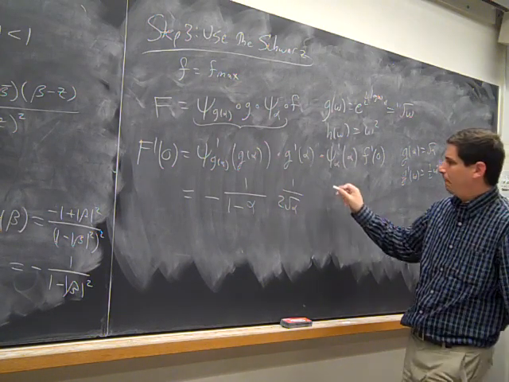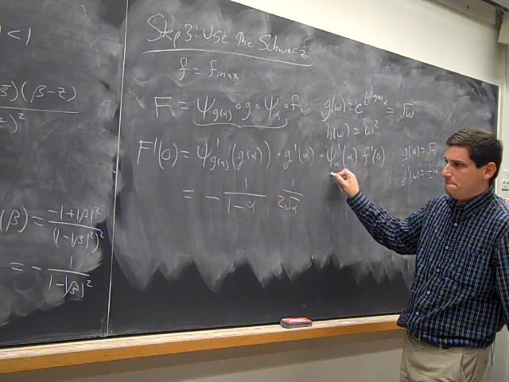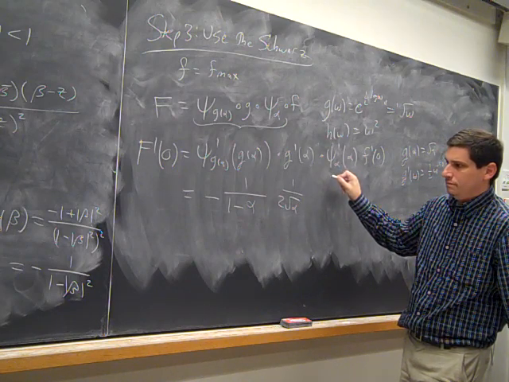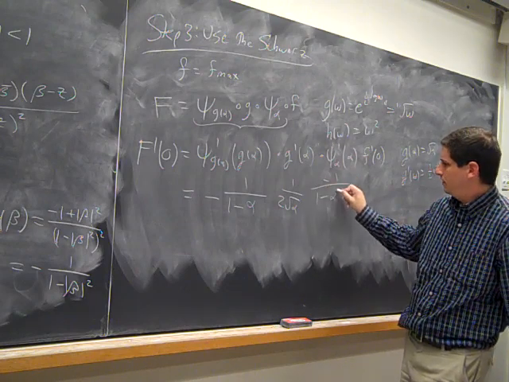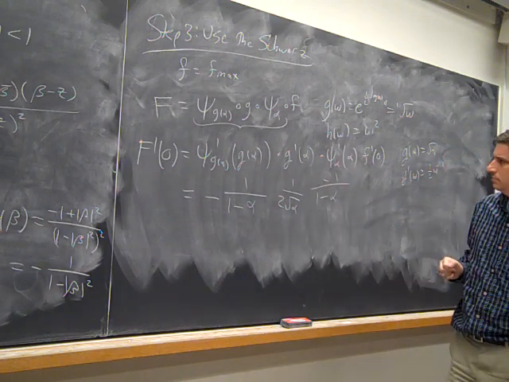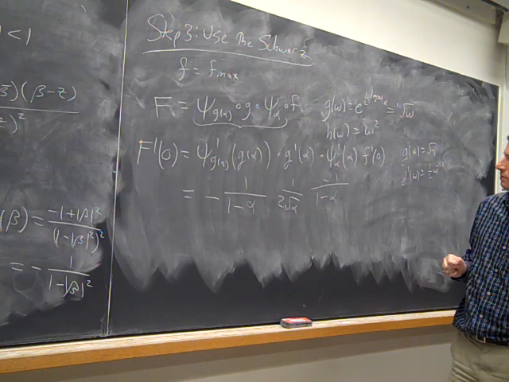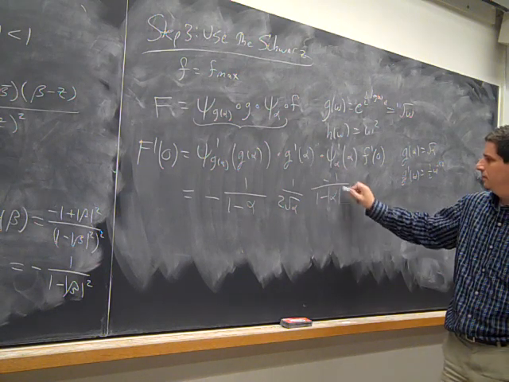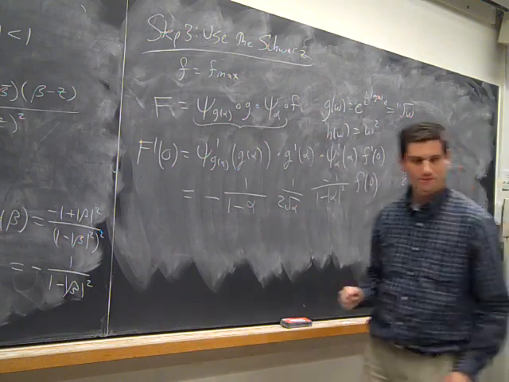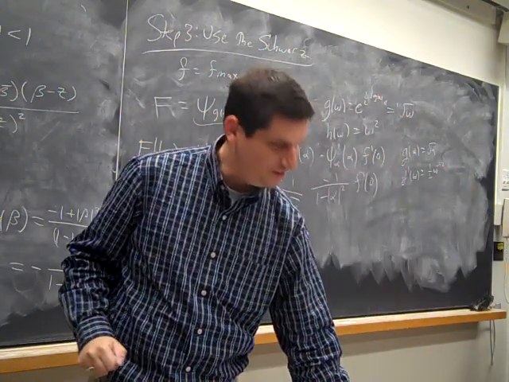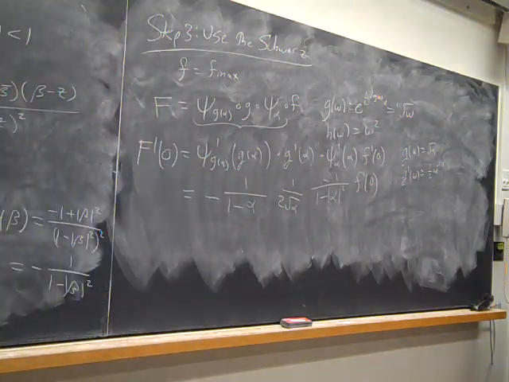Okay, so I think we have another negative 1 over 1 minus alpha squared, I think. And then F prime. We're going to have to stop here, unfortunately, which is a pain, but we will then have to finish the algebra calculation.